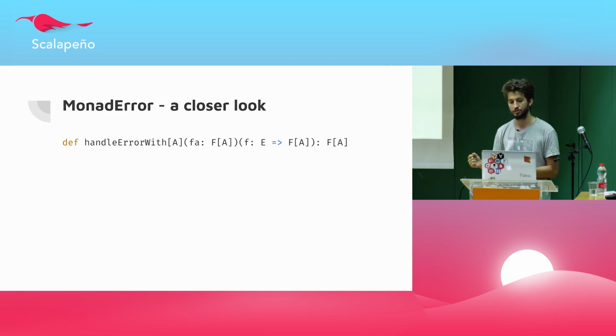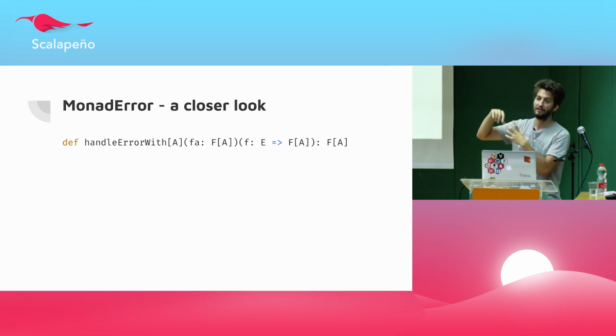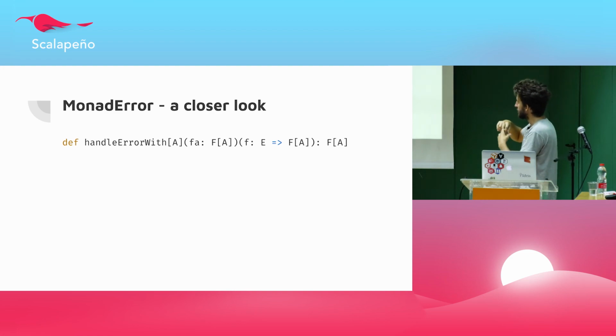And to handle it, I use this function that takes an error, right? So if an error occurs, it allows us to return a new computation of F of A. But something that I thought is a bit weird, because this is like the most primitive operation of monad error, all of the other handle functions are derived from this one.